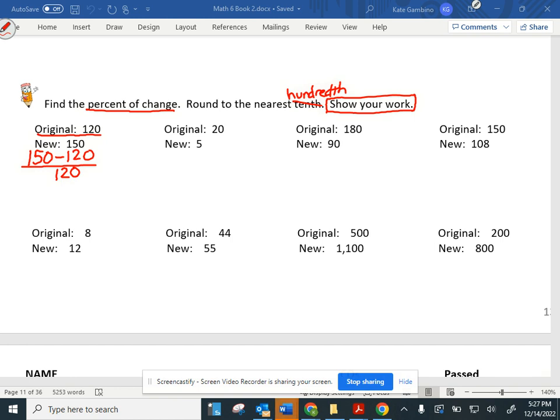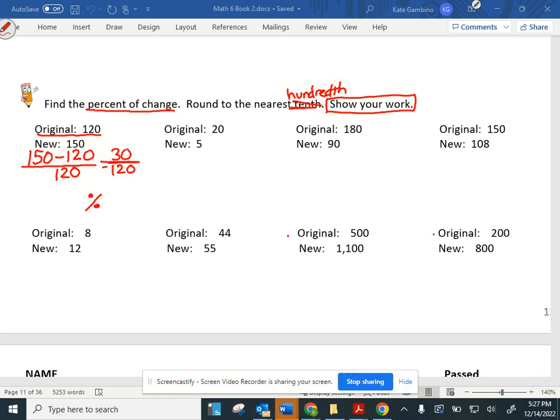So 150 minus 120 would give us 30, divided by 120. Your final answer, you're going to convert to that percentage. So if you get a decimal, you're going to round to the nearest hundredth so we can convert it to our percentage easily.